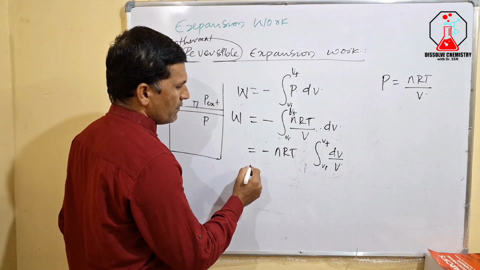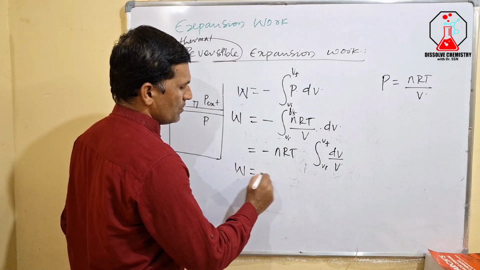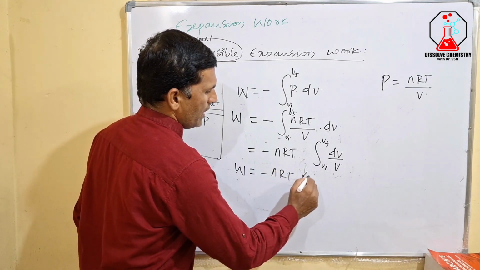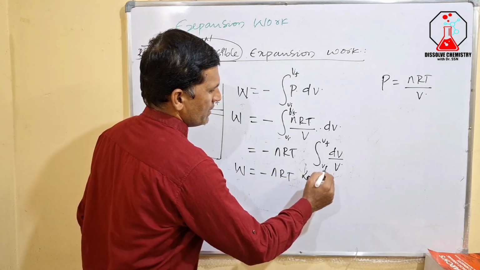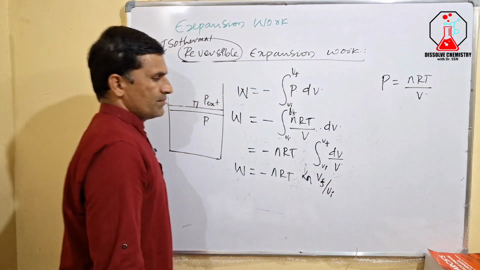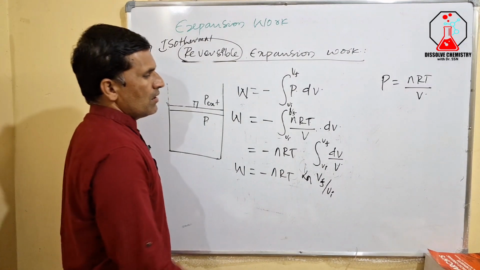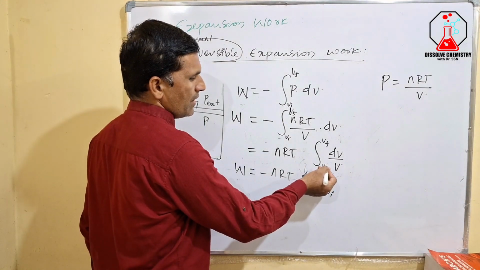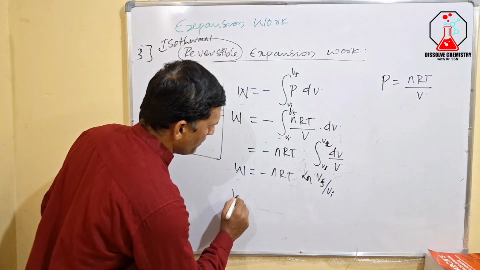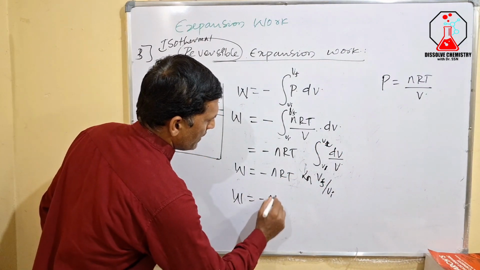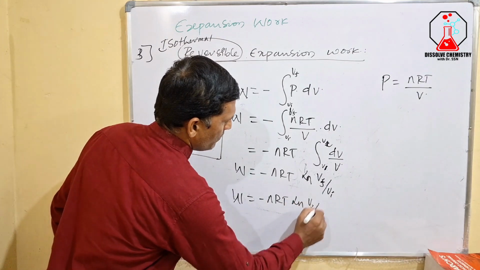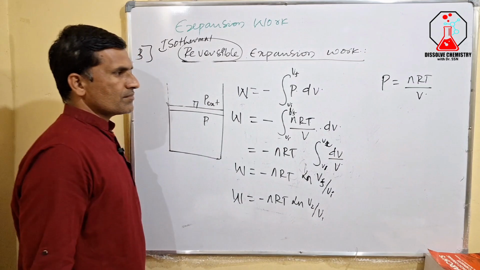Then we will get W is equal to minus nRT ln Vf by Vi. Or if you call V initial as V1 and V final as V2, then W is equal to minus nRT ln V2 by V1.